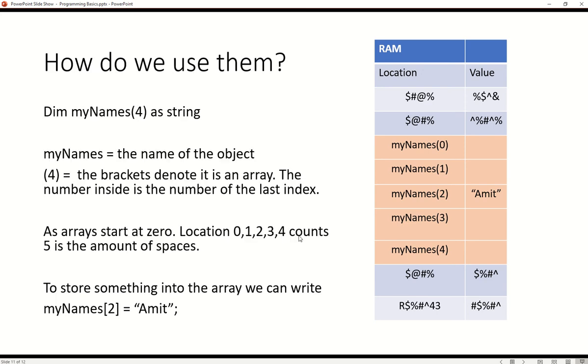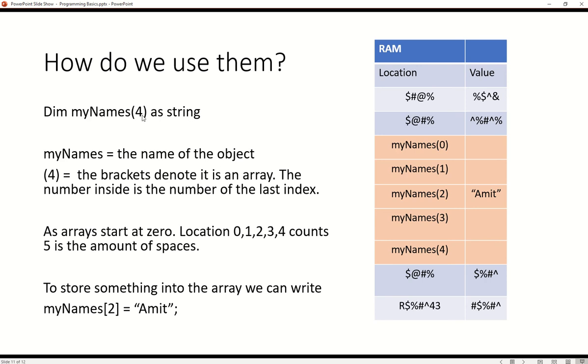How do we use an array? So we write dim, as with all objects in Visual Basic, and we give it a name. Now it doesn't have to be my names, but for this scenario, it's my names. Open curved brackets, and we put a number in. That number 4 denotes the last index. Then we close the bracket, and then we go as string, which is the data type.